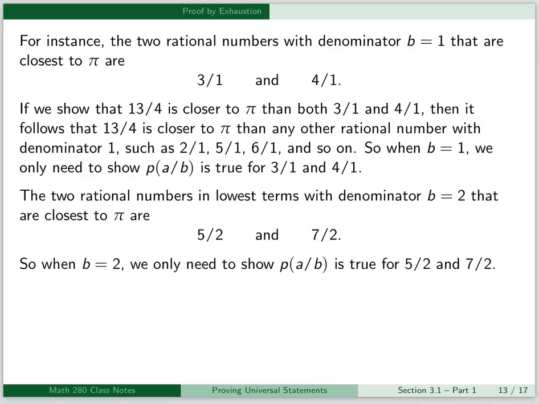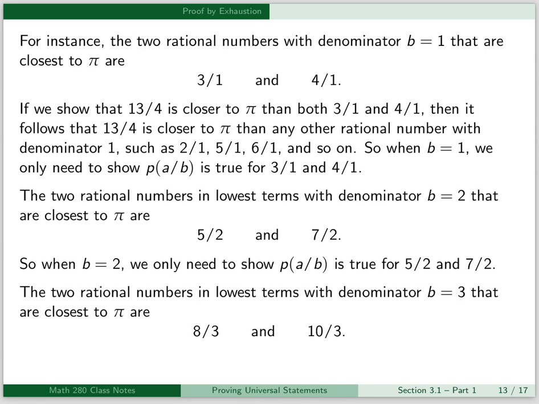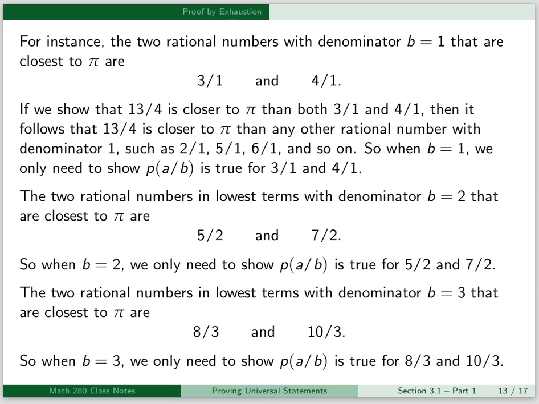So when b is equal to 2, we only need to show that p of a over b is true for 5/2 and 7/2. The two rational numbers in lowest terms with denominator b equal 3 that are closest to pi are 8/3 and 10/3. So when b is equal to 3, we only need to show that p of a over b is true for 8/3 and 10/3.